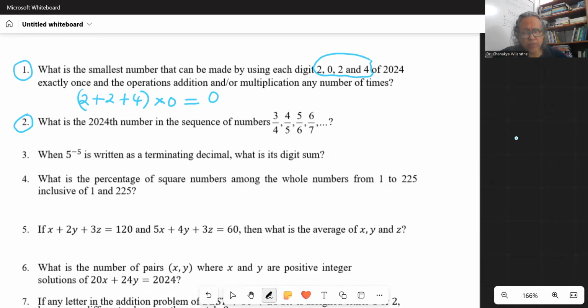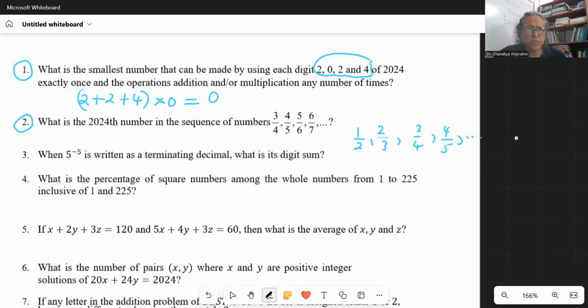I'm going to add 2 more terms here, 1 over 2, 2 over 3, and then this sequence starts 3/4 and 4/5, right? So now you can see that the first term has numerator 1, second term has numerator 2, third term has numerator 3, right?